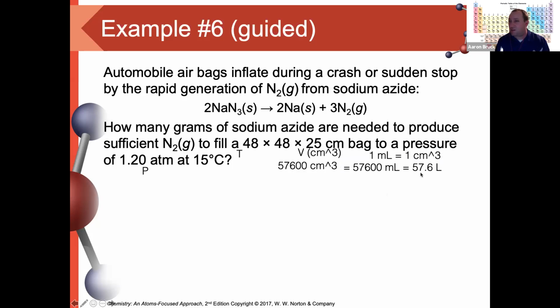That's probably the easier way out, just because even if I convert this to cubic meters, the value of R that I need to use would have to rely on me converting these atmospheres into kilopascals in order to use the value of R with cubic meters in it. So I've managed to convert the volume here into a liter volume by taking advantage of this definition between milliliters and cubic centimeters.